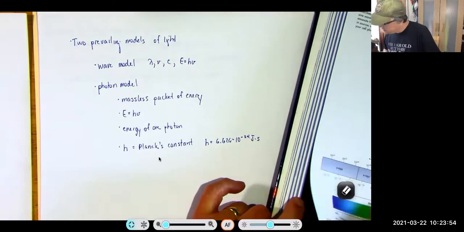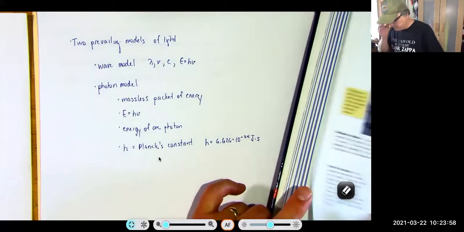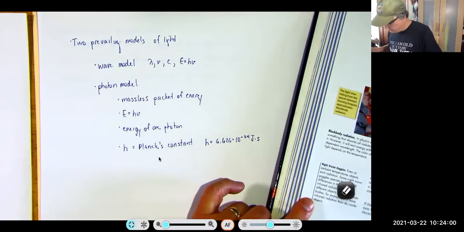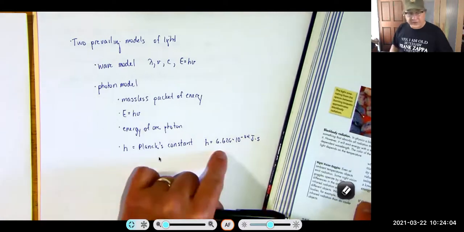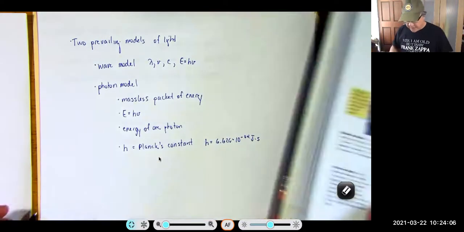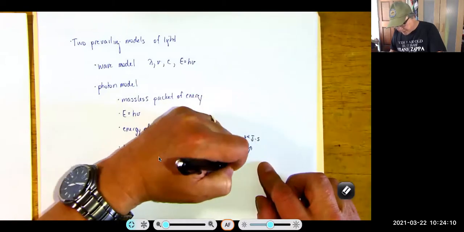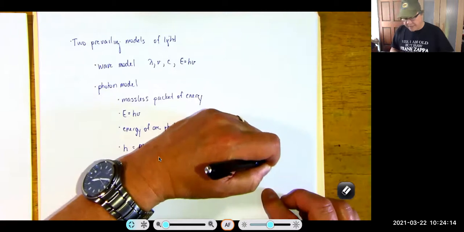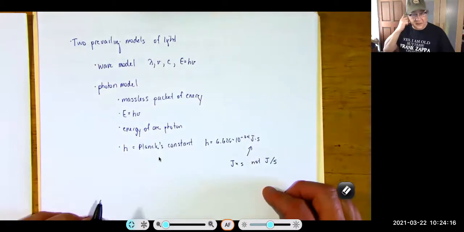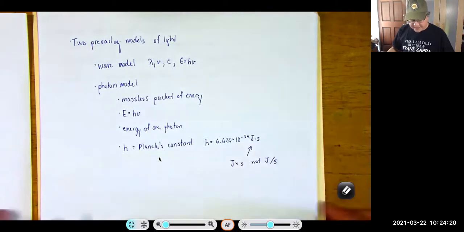Where is it? 6.626 times 10 to the minus 34 joule seconds. Now, you might want to note that this is joules times seconds, not joules per second. Okay, and we recognize J as an energy unit and second as a time unit.